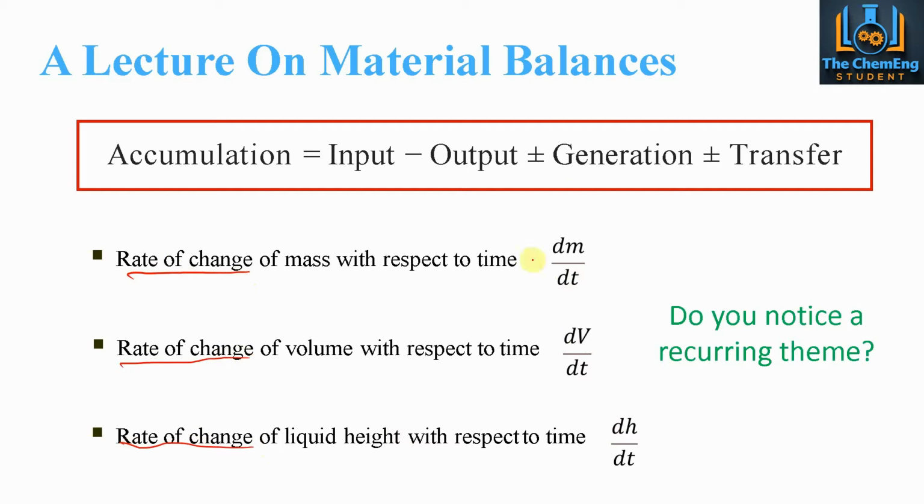Now what you'll also notice is that the accumulation term, because it is a rate of change, regardless of what we have as the numerator variable, the denominator is always dt. It's always with respect to time. So it's the change of these different parameters when time moves on.